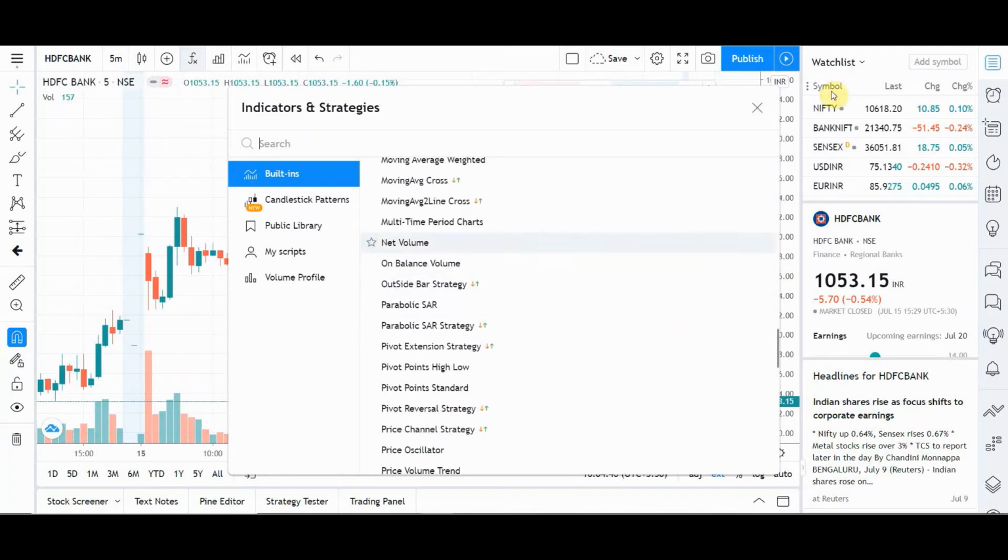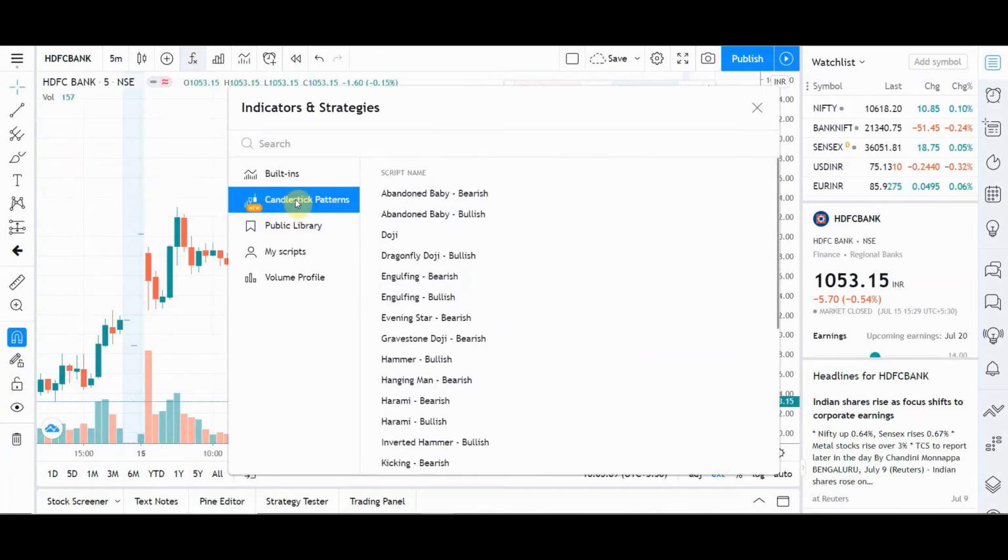On the websites given by brokers, there are only some indicators, no strategies. Here, more than those indicators, there are many more indicators, and some strategies also posted by different traders. And here we can see the candlestick patterns, where by clicking this we can get the candlestick patterns.